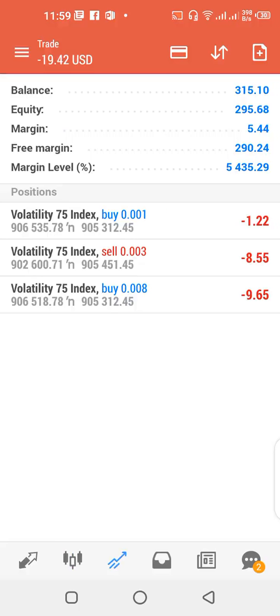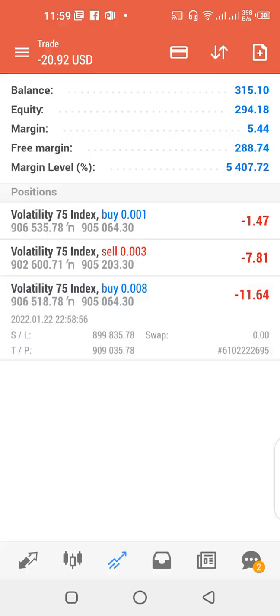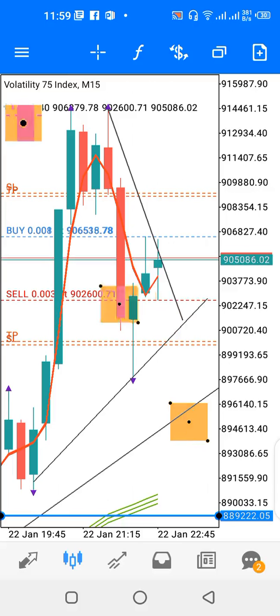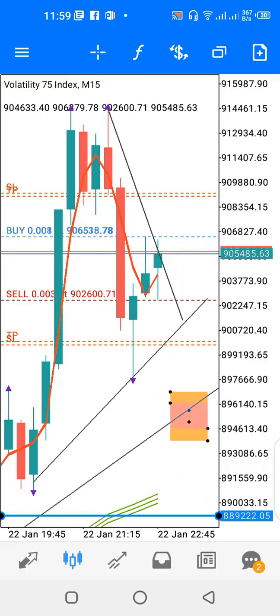Now the second edge has been triggered, and we expect price to continue up, so there is no need to set the third trade, the third pending order.